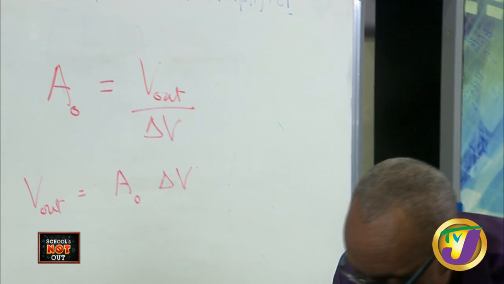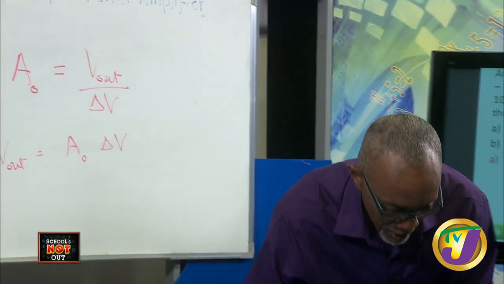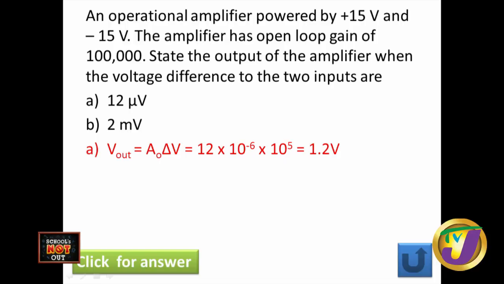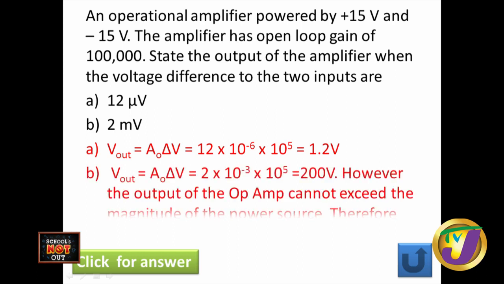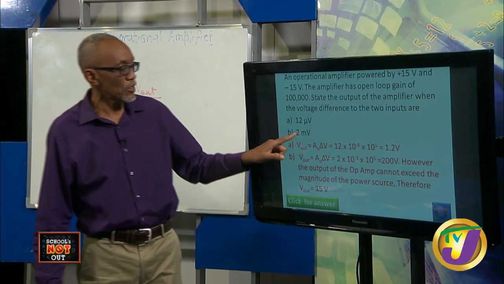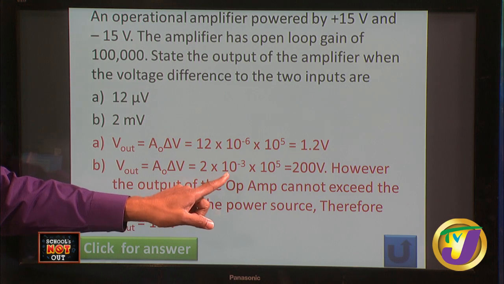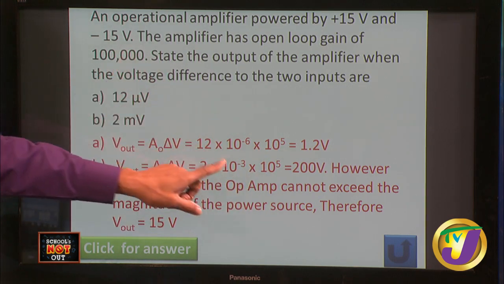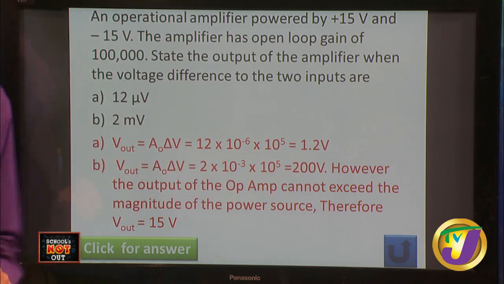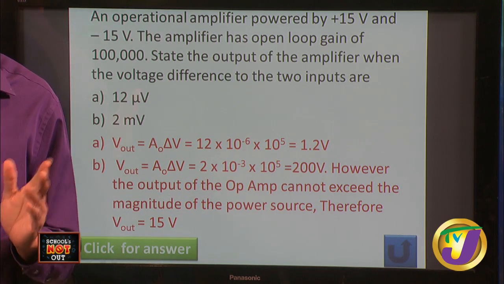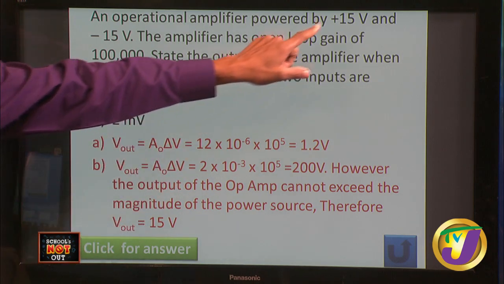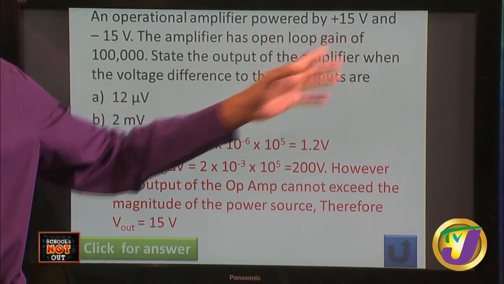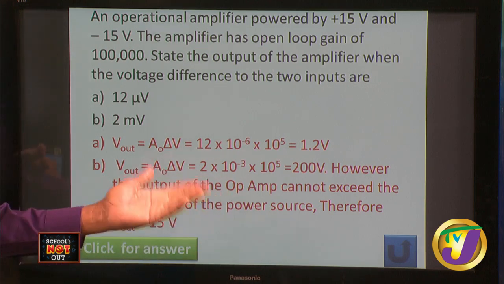Okay, let me put these up. All right. And so for the second part now, we have the same thing, this time it is 2 millivolts, right? So it will be 2 millivolts by the gain, which is 100,000 or 10 to the 5, that will give you 200 volts. But we know that it can't pass 15 volts, because 200 volts is not possible.